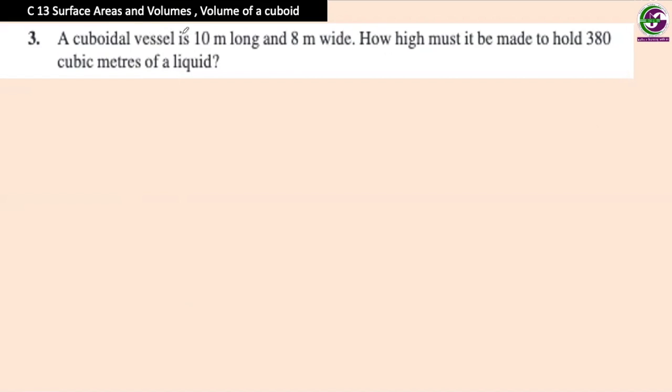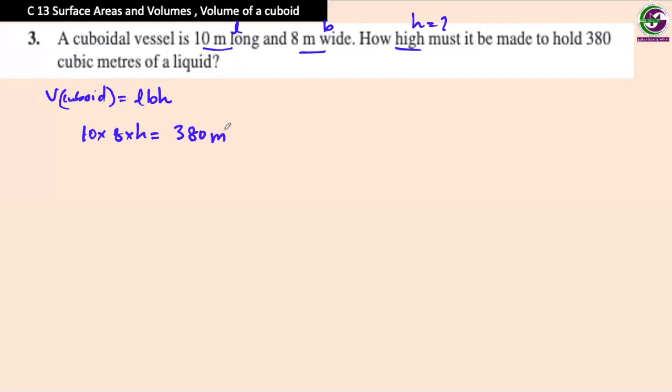Moving on to question 3. A cuboidal vessel is 10 meter long and 8 meter wide. So we have the length and the width or the breadth. Now we have to find the height. We have volume of a cuboid is equal to LBH, and here length is 10 meters, breadth is 8 meters, height is missing, and the volume is 380 meter cube.